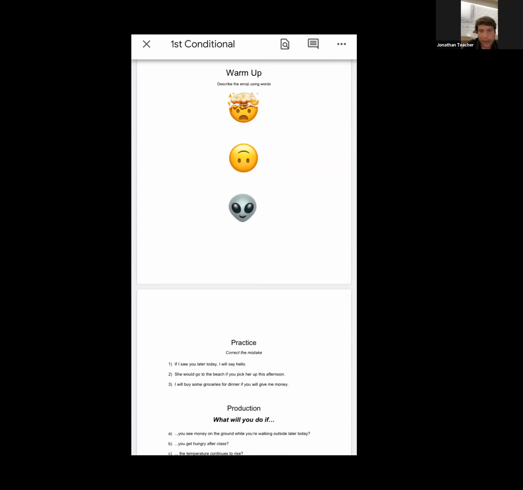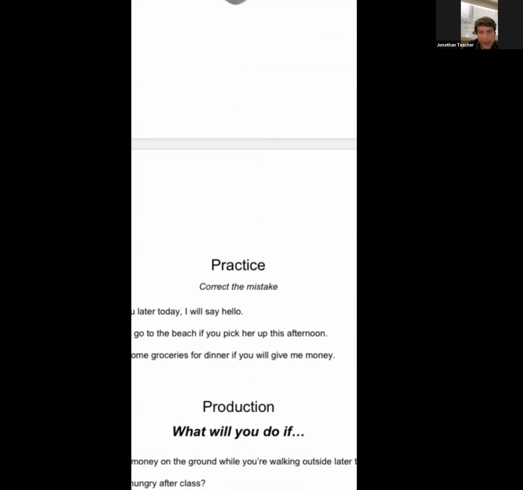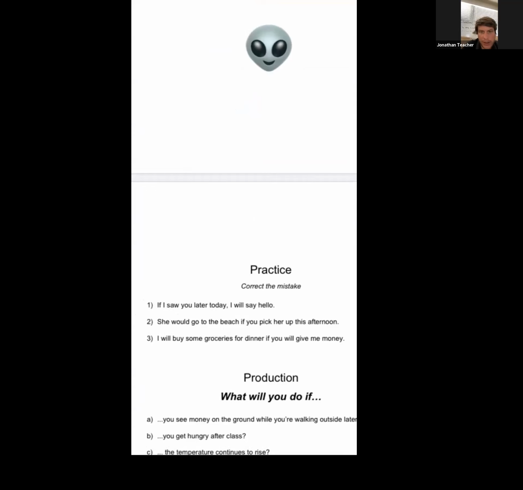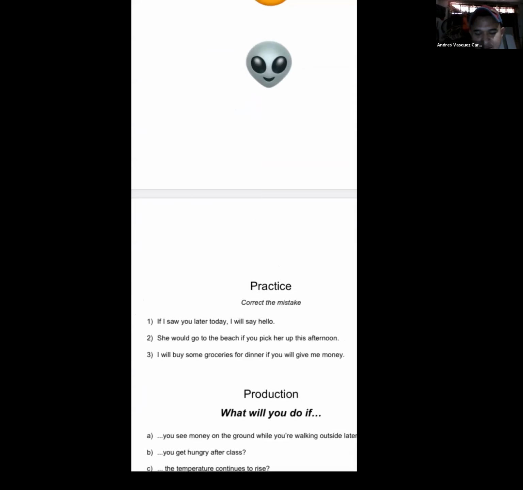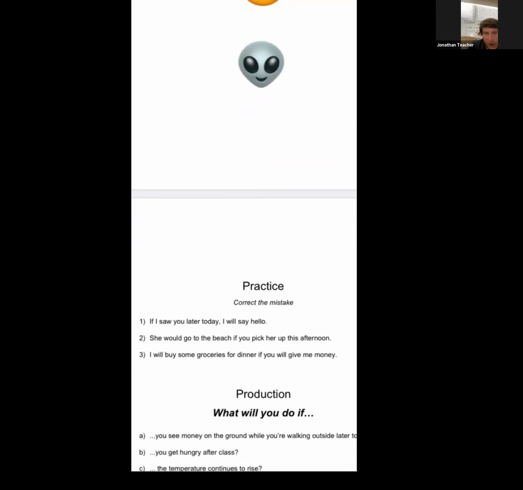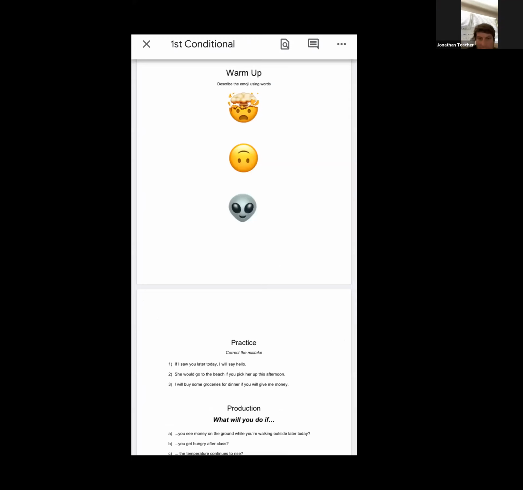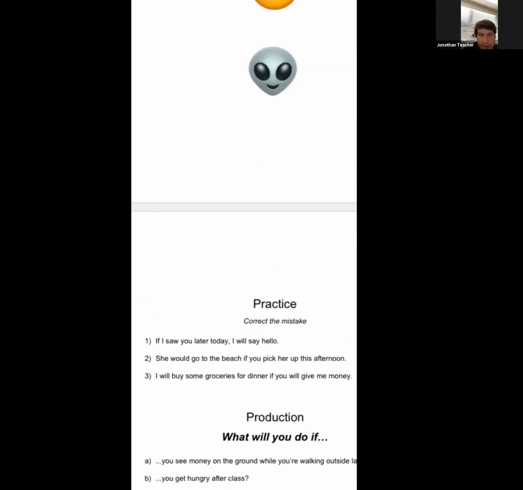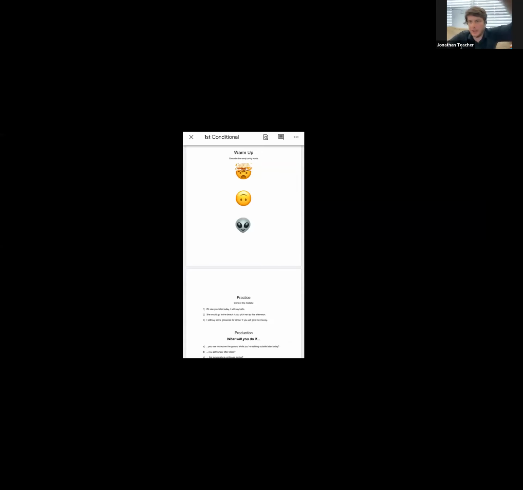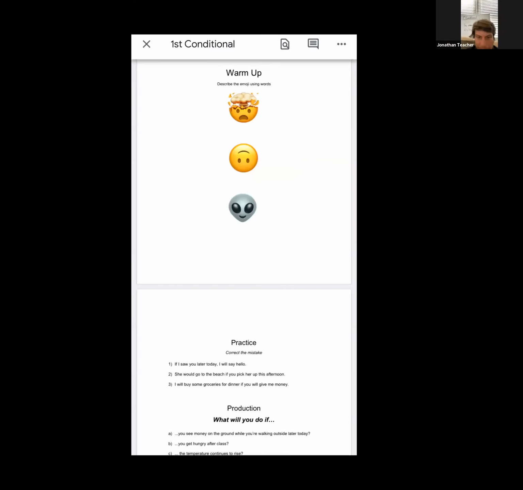Now can you see the 3 sentences? Yes. Okay, so there are some mistakes in these sentences. Let's correct the mistakes. How can I correct sentence number 1? If I saw you later today, I will say hello. How can I correct this sentence?